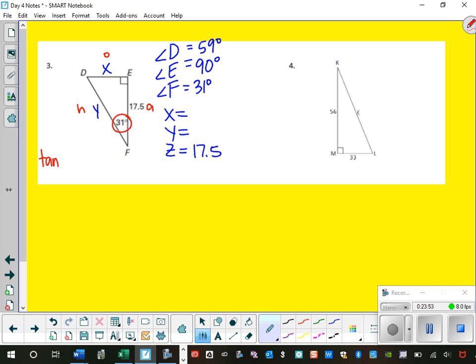Tan of what angle? Where did I start? I circled it. So tan of 31 is opposite, which is X, over adjacent, which is 17.5.